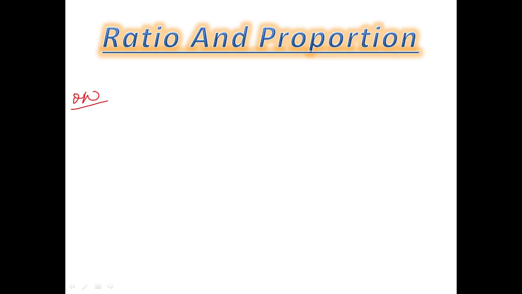There are 35 teachers in a school of 2100 students. Find the ratio of the number of teachers to the number of students. So it is very simple. I'm not writing the question.